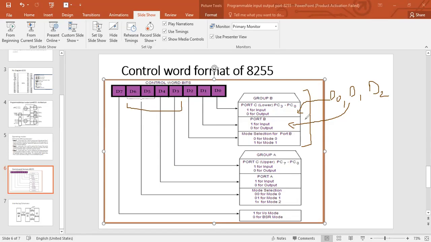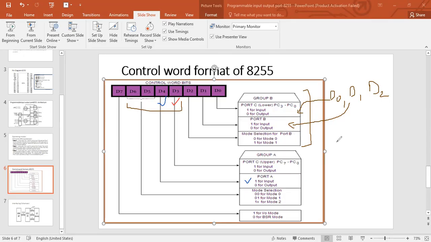The D3 bit decides whether port C upper is acting as an input port or output port, and D4 decides whether port A is acting as an input port or an output port.